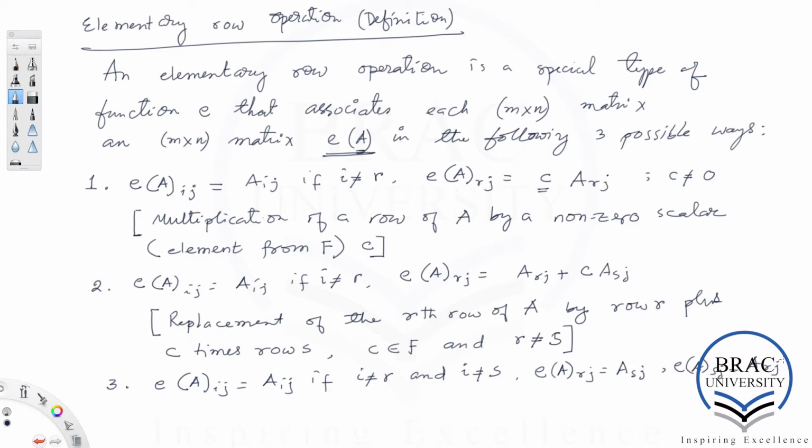In words, it's just the interchange of two rows of A. The rth row and the sth row are interchanged between them.